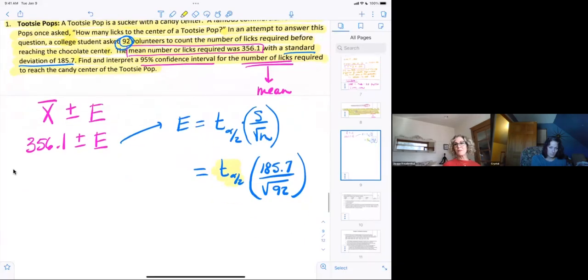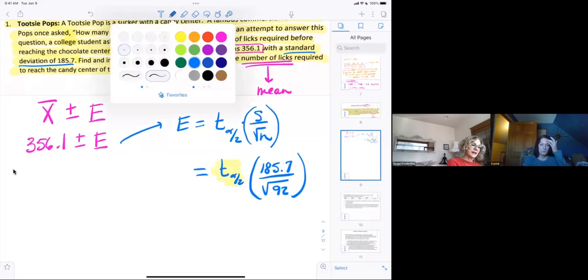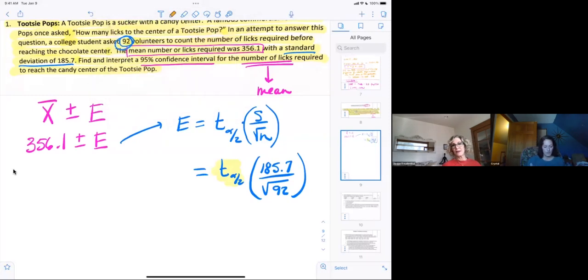Before I jump in and find the critical value, can I assume normality? I have to check that always. It doesn't say that the sample comes from a population that's normally distributed. But we do have a sample size of 92.